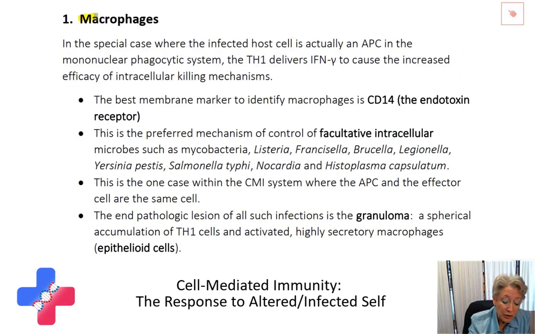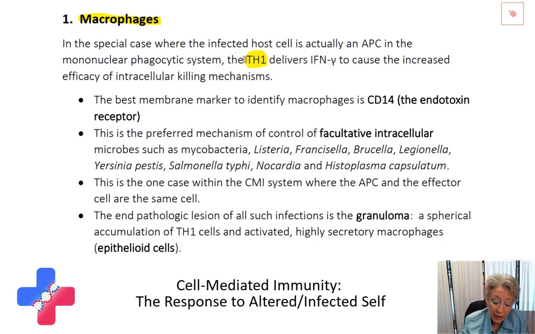And macrophages, mononuclears, other dendritic cells, and APCs, when they indeed are infected with the material that needs to be disposed of, then the T helper 1 cell will activate those cells to become what we call angry phagocytes, so that they turn on more of their microbicidal mechanisms and do a better job at getting rid of what the problem is.